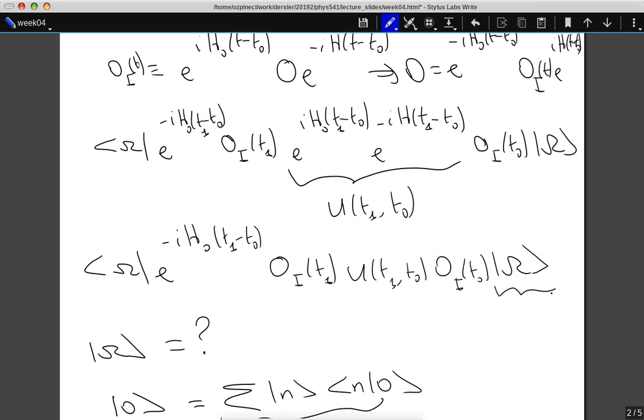It's the evolved state from the empty state up to a time t0. Then I evolve the system from t0 to t1. I have the other operator at t1. And now here I would like to have an operator that is evolved from t1 to infinity. That is what I'm looking for.